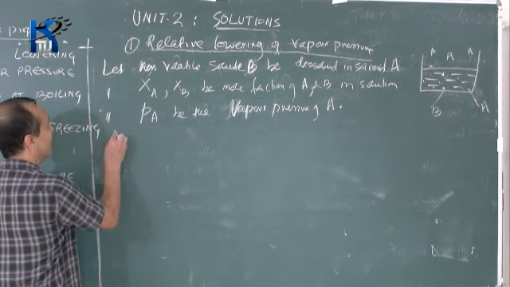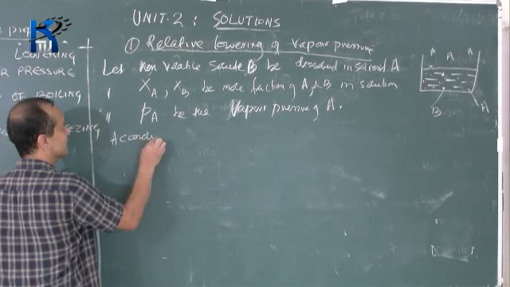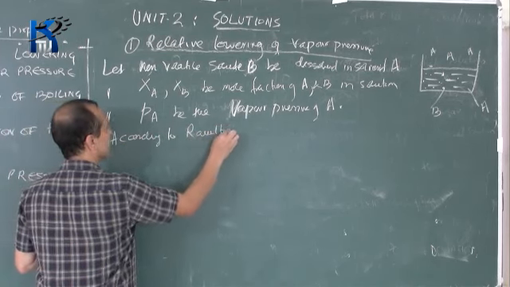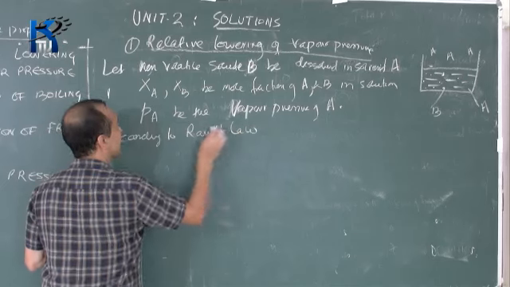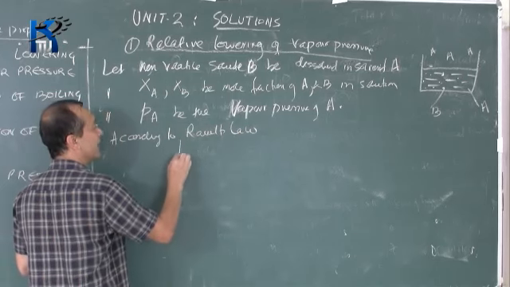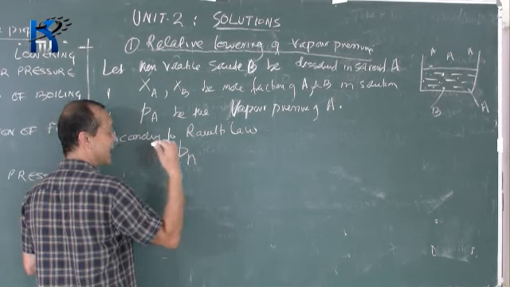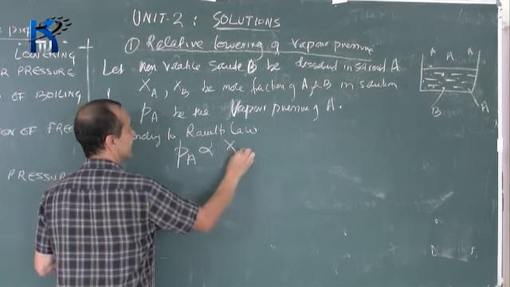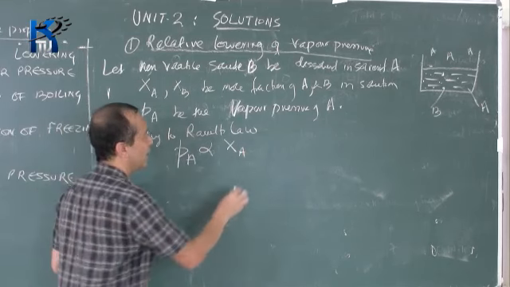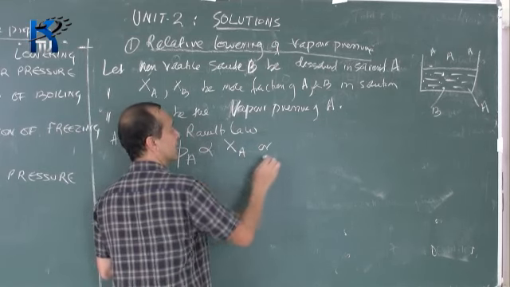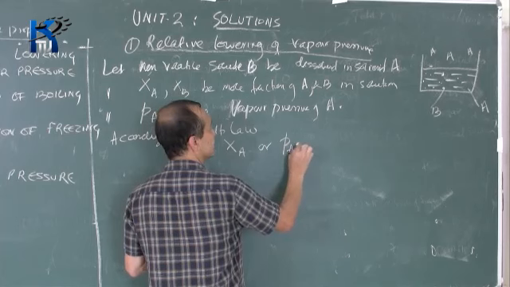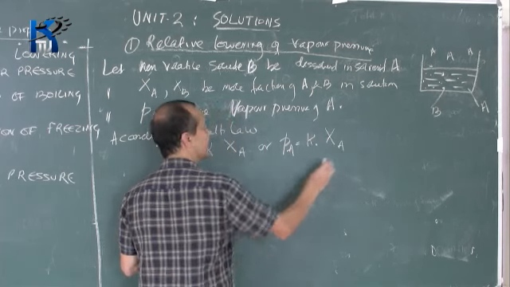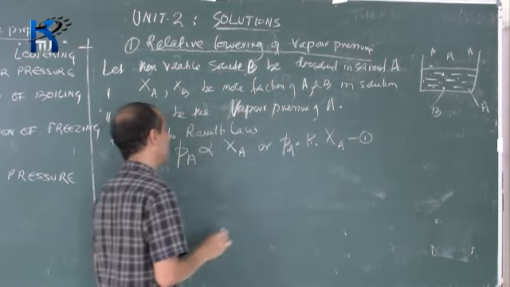Alright, so now according to Raoult's law, what do we have? The vapor pressure of A is proportional to the mole fraction of A. Or PA is equal to K into XA. This is equation 1.